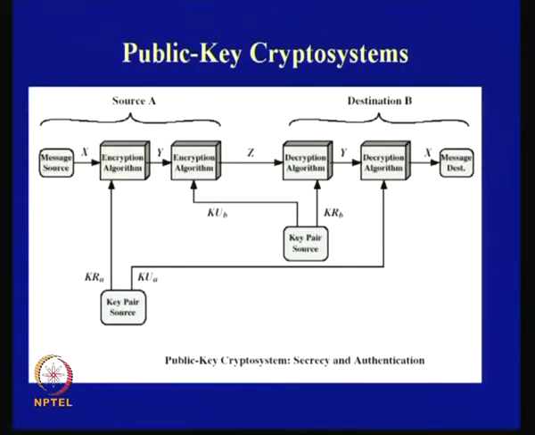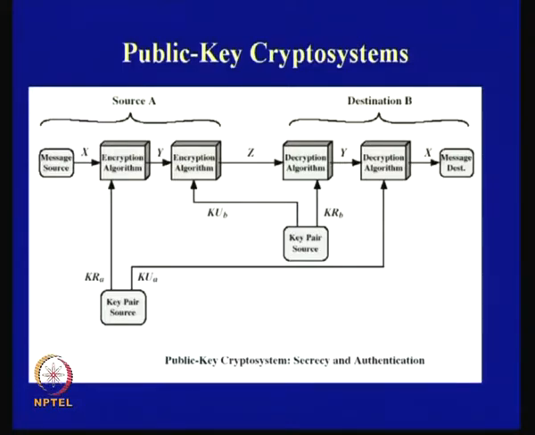So, first of all, to start with public key ciphers, as we have seen, there are two important requirements in public key ciphers. One is secrecy and the other one is authentication of information. As we know, in any public key crypto system, these are provided by a pair of keys.